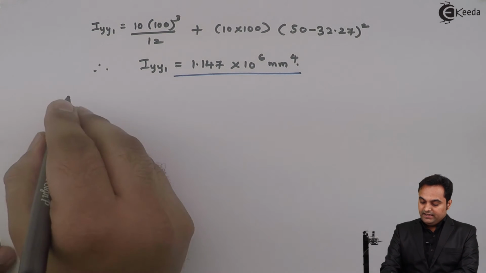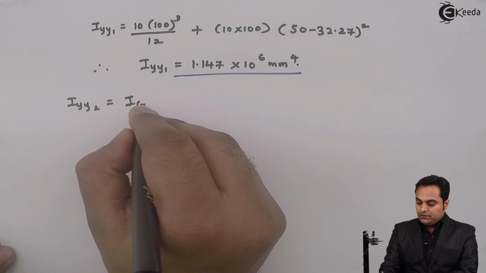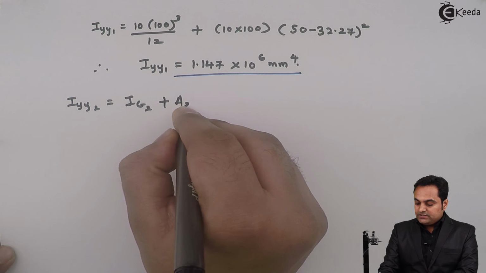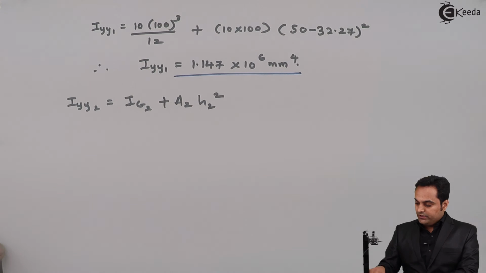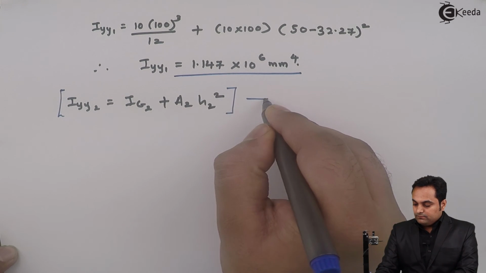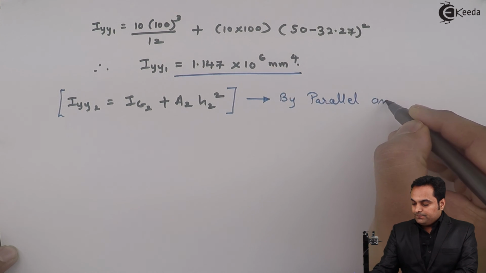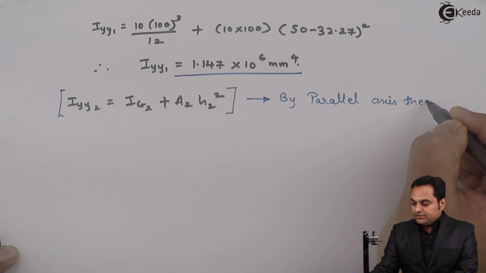Next, similarly Iyy2 will be IG2 plus area 2 into H2 square by parallel axis theorem.